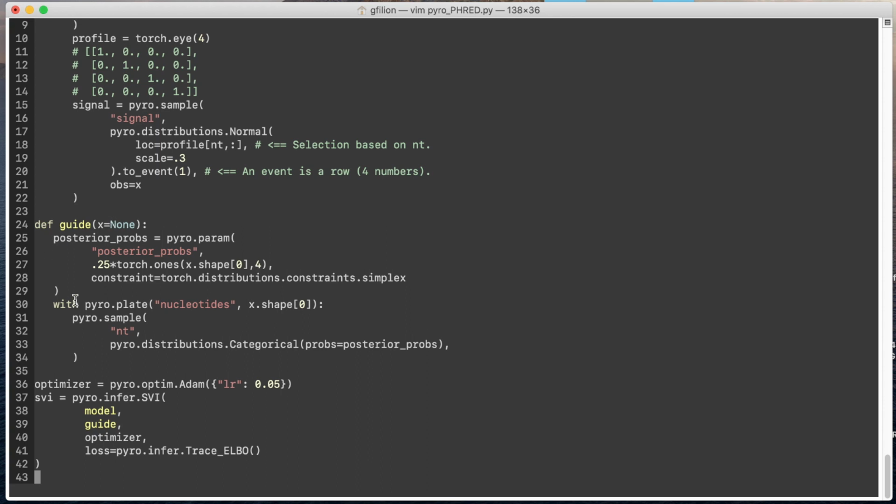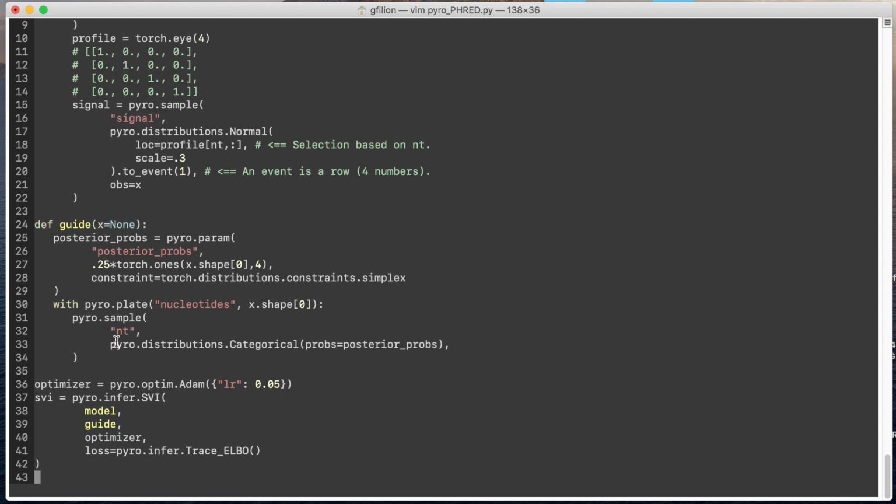And that being done, we have a plate here, which is the same as in the model. We have the nucleotides plate, same shape, and we sample the one variable which is latent in the model, which means not observed. This is the variable NT. The variable signal was observed, and we do not need to sample it in the guide.